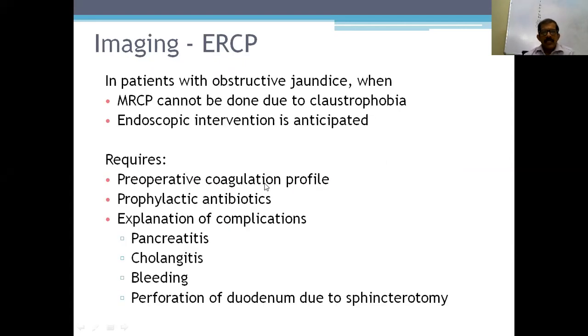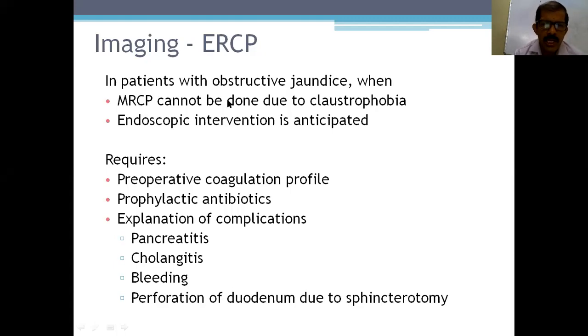Now, next is of course ERCP. We'll discuss more about ERCP in pancreas. So that is another investigation. Whenever there is obstructive jaundice and biliary dilatation, you have to do ERCP if you want to do anything therapeutic, whereas MRCP is for diagnostic purposes.